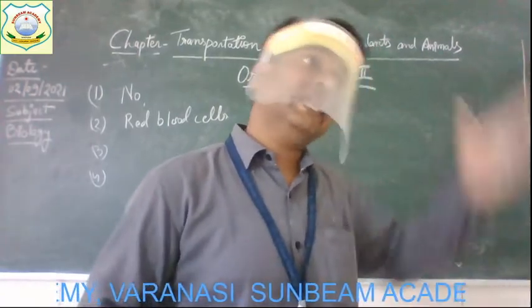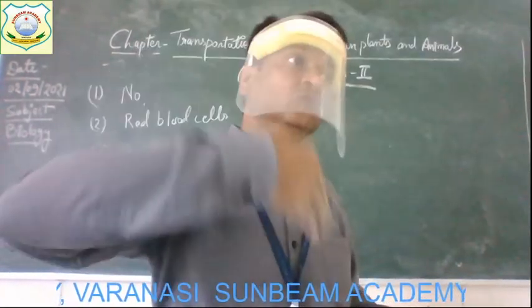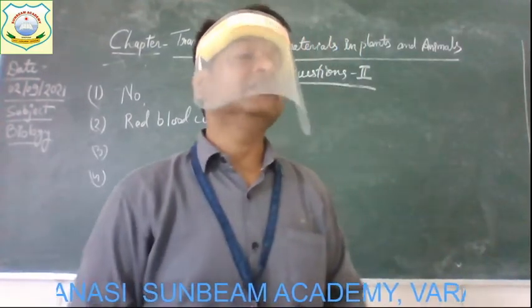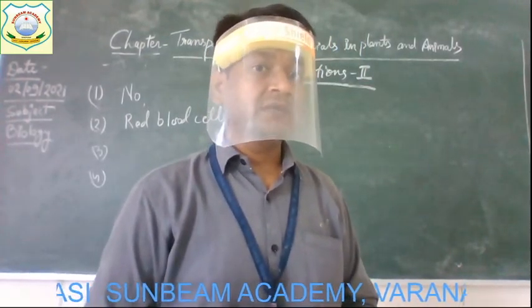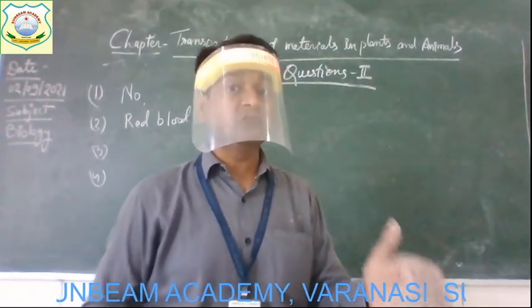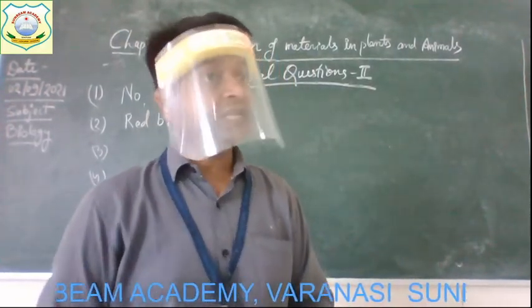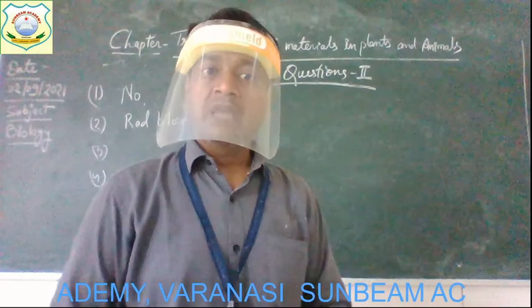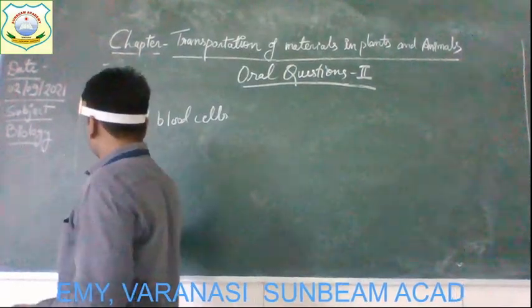So carbon dioxide gets removed from the blood and oxygen enters and combines with the blood. Clear? So you can write that in the lungs carbon dioxide is removed from the blood and oxygen is absorbed. Understood the answer?